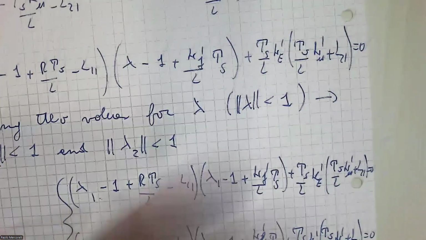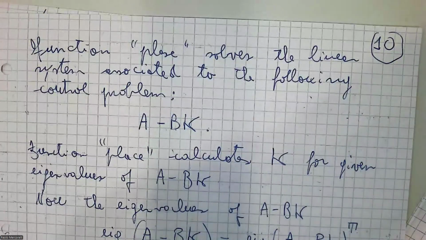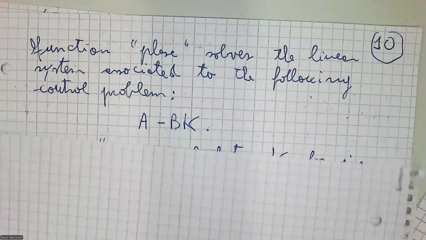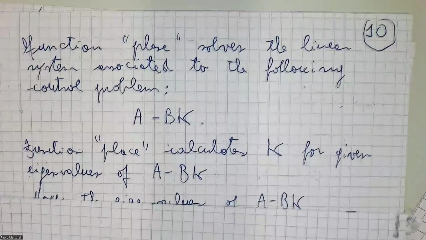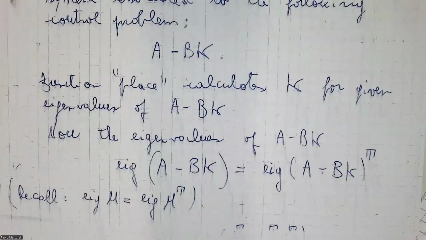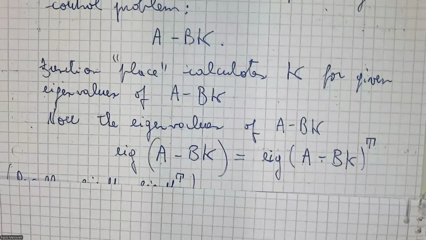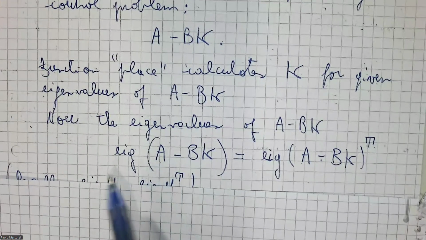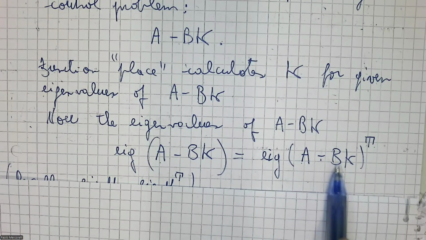Let me tell you a little bit again, and then we will conclude in a few minutes. We go to lunch after this about the function place. You remember, last time we have seen this, A minus BK. Place calculated in order to obtain K. But why can we use place here very quickly? Because the eigenvalues of A minus BK are equal to the eigenvalues of A minus BK transposed.